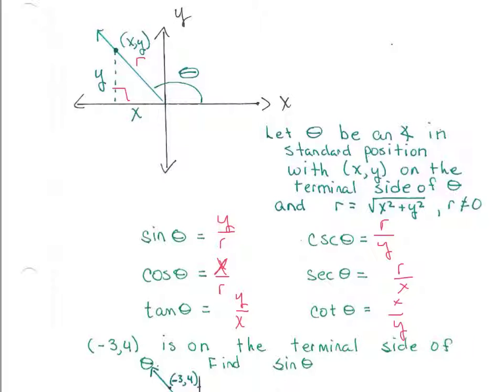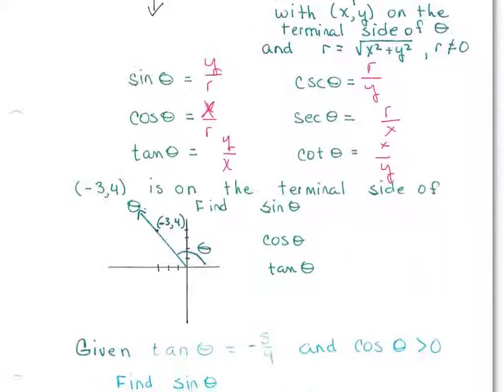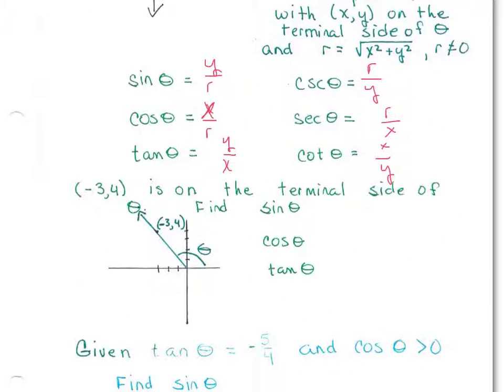Okay, so we have the point (-3, 4) on the terminal side of theta, and I have drawn that for us. So if we want to drop a line that's perpendicular to the x-axis, we know that from here to here is -3, and this point is 4.